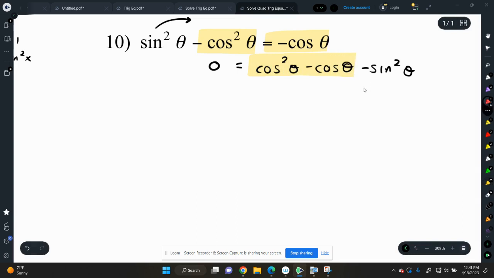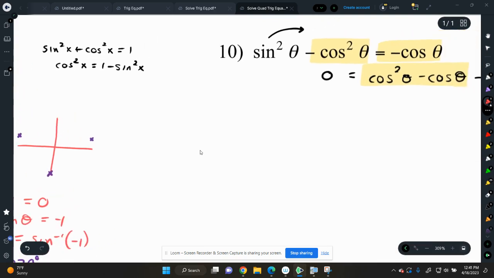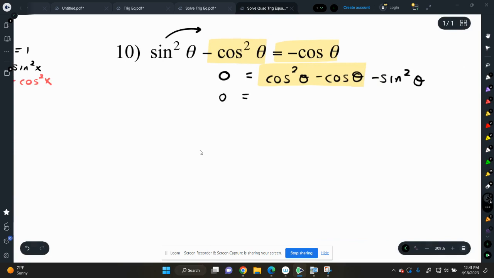So again, we know that sine squared plus cosine squared equals 1. So that means sine squared is equal to 1 minus cosine squared. So we'll go ahead and substitute that out. Minus 1 minus cosine squared theta.